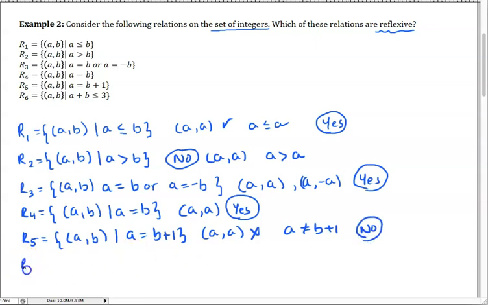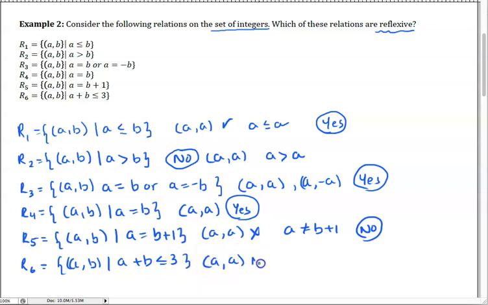And the sixth one, coordinate points of the type where A plus B is less than or equal to 3. Okay, so a reflexive relation would contain all the coordinate points of this type for any integer.